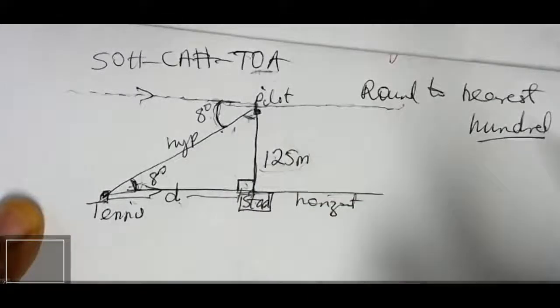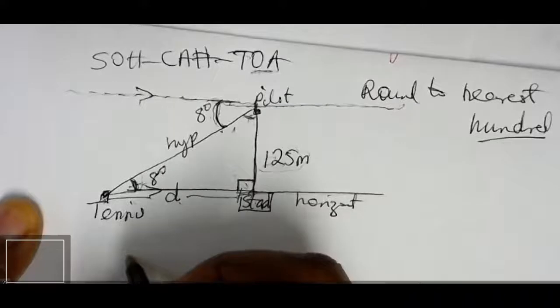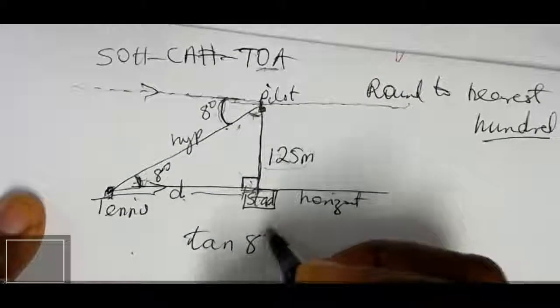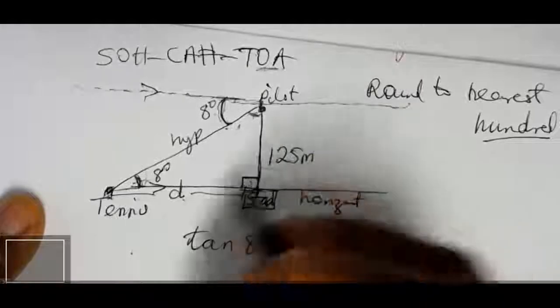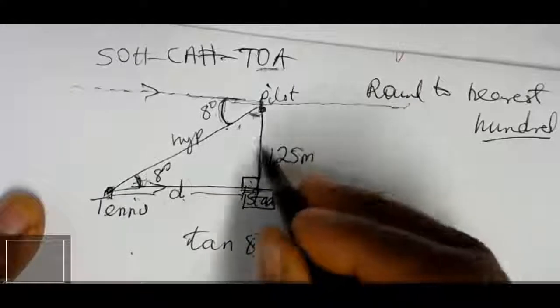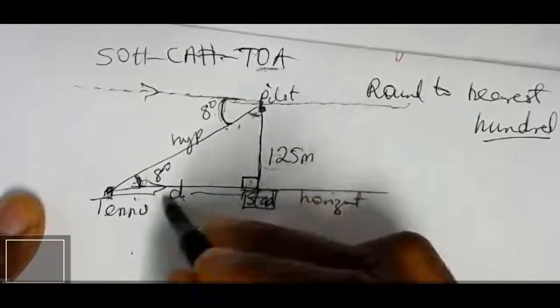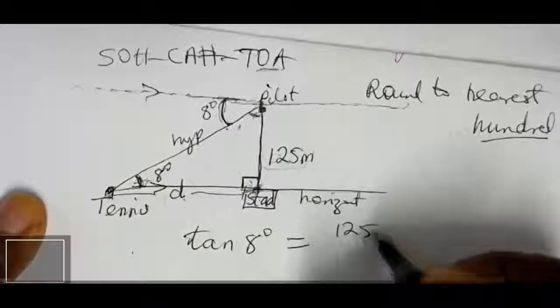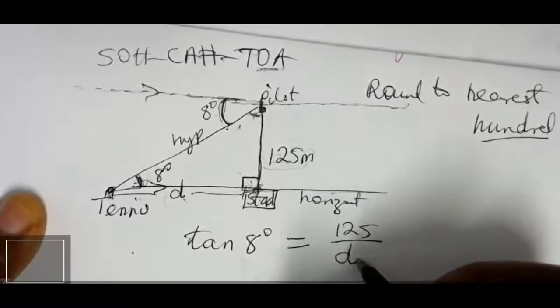TOA. So it's tangent. Tan 8 degrees is opposite over adjacent. Tan connects the two legs, which join together to make the right angle. So tan 8 is 125 over D.